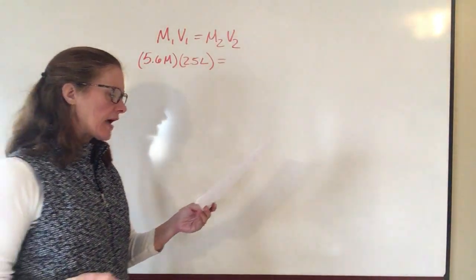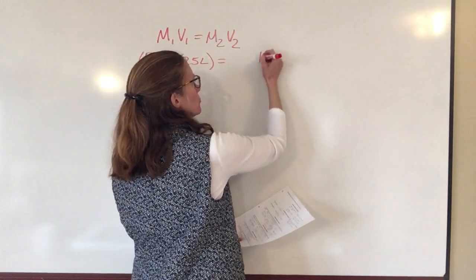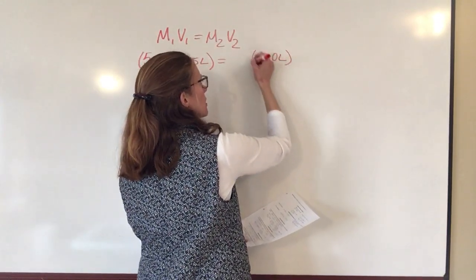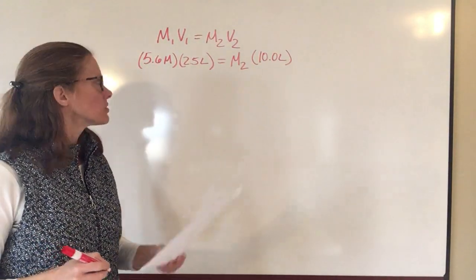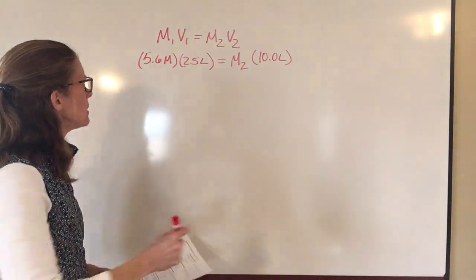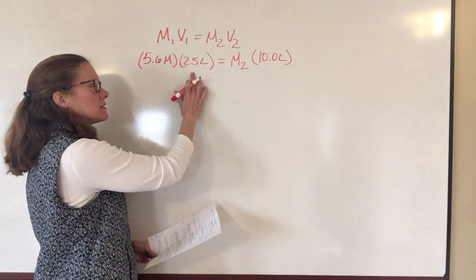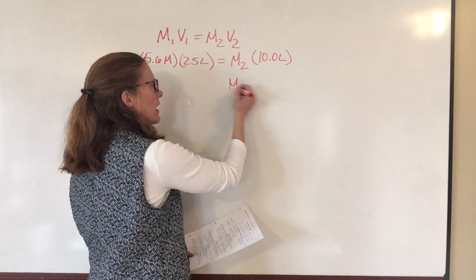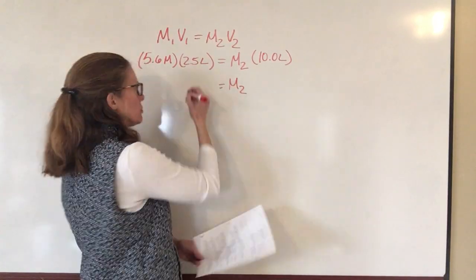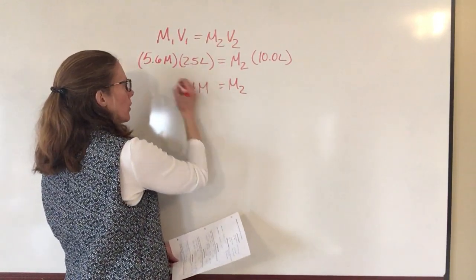Then I'm going to make a final volume of 10 liters, and I want to know what the resulting molarity is going to be. So you take 5.6 times 2.5, divide that by 10, and your final molarity should be 1.4.